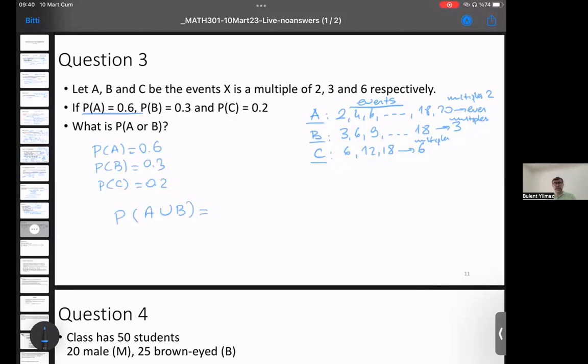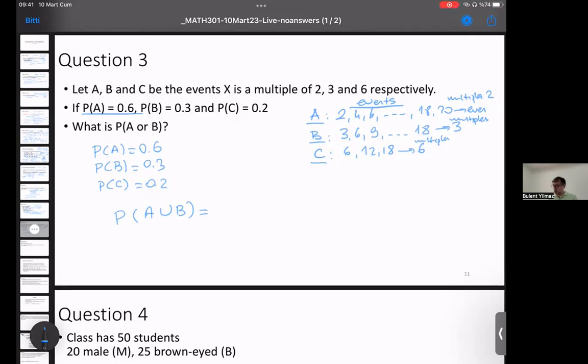Can you write the probability of A or B on chat, please? 0.7, right? Göktuğ, can you also write 0.7 on the chat? It's going to be 0.7, right, guys?